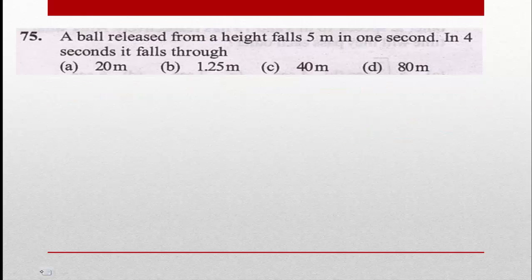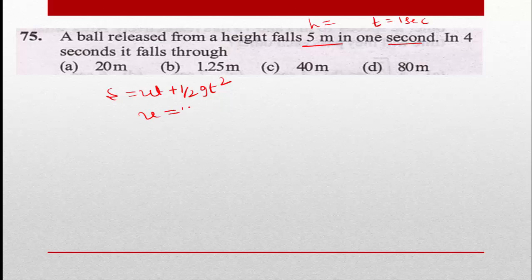And the next problem is, a ball released from a height falls 5 meter in 1 second. Height h equal to 5 meter, t equal to 1 second. In the 4th second, it falls through what distance? We know the formula, s equal to ut plus half g t square. Here u is the initial velocity and a is the acceleration.